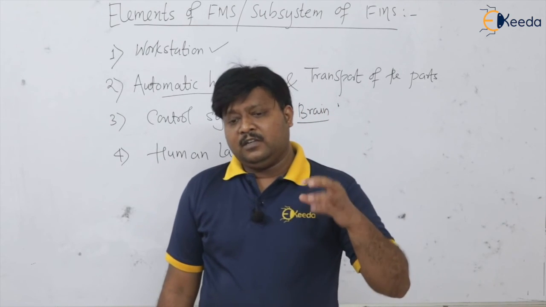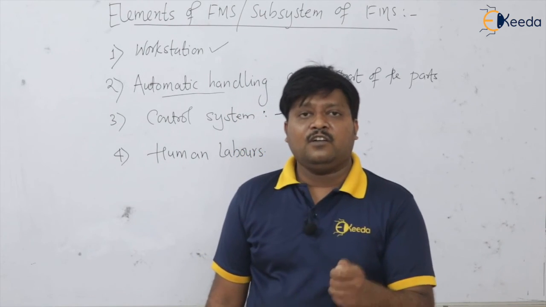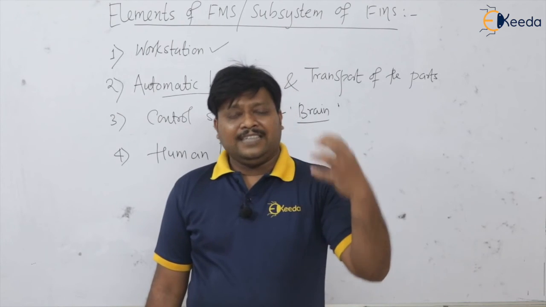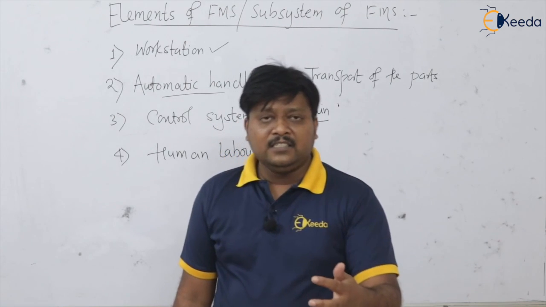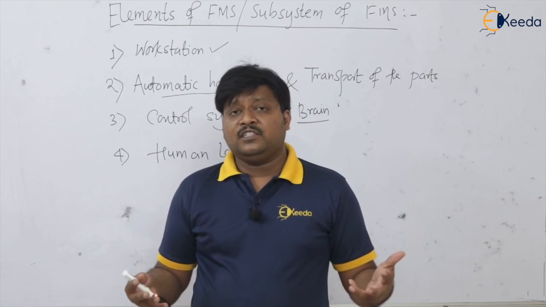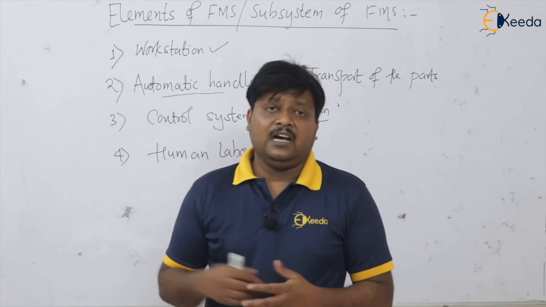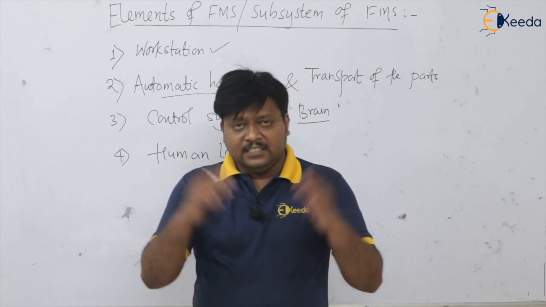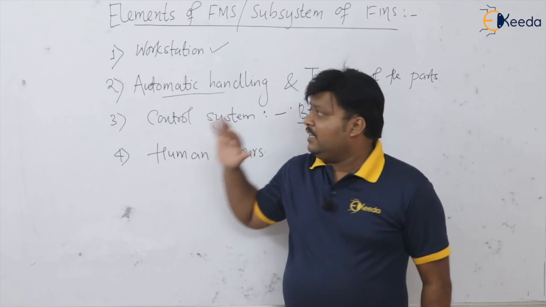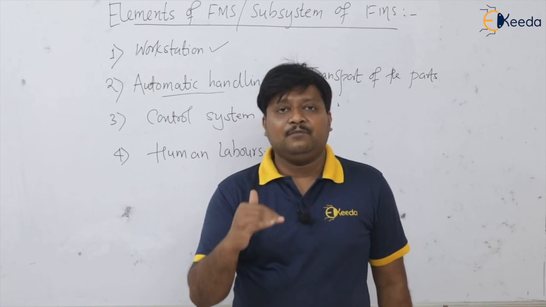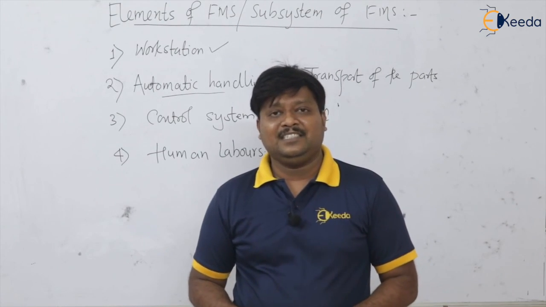We also focused on the CNC, NC, their toolings, which kind of production we get from this FMS, and what toolings are required. All these things we have discussed in this video on flexible manufacturing system. Thank you.